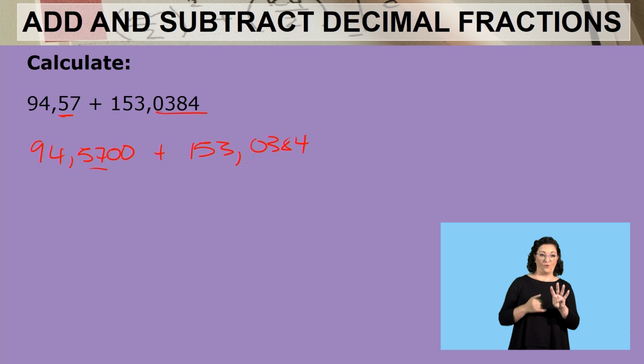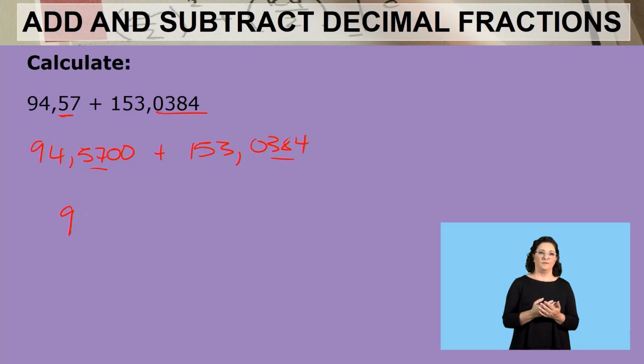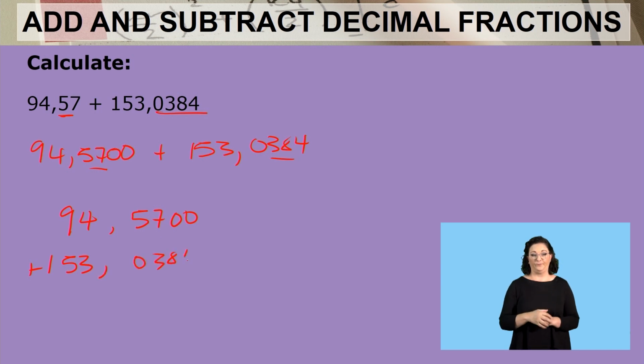Now you have 4 decimals and 4 decimals. Then we align them according to their place value. So this would be 94.5700 plus 153.0384. Then we start adding.